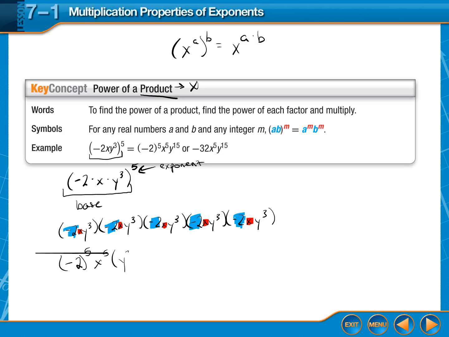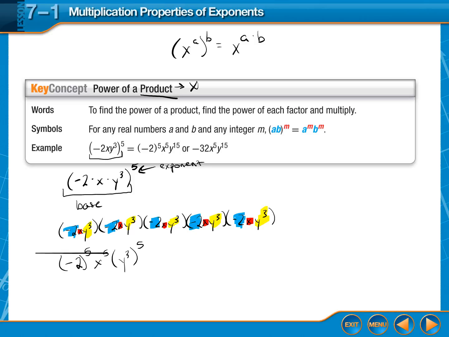And then how many y to the thirds do I have? Well, I've got 5 of those also. There's y, 1, 2, 3, 4, 5. So I've got y to the third also to the fifth power. And what you see here is this expression, negative 2 times x times y to the third raised to the fifth power.